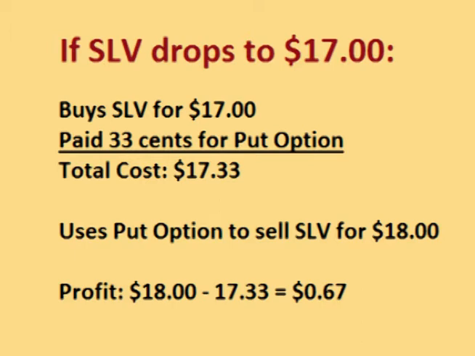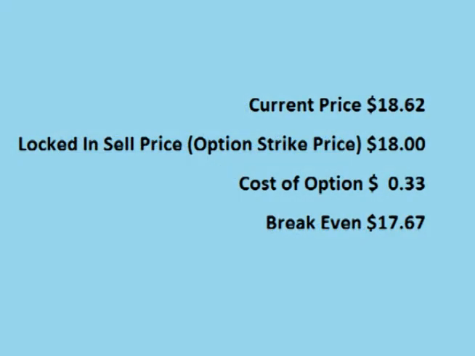So his total cost was $17.33 per share. But he had locked in the right to sell SLV for $18 per share. He sells SLV for $18 and he paid a total of $17.33 per share, so he makes 67 cents a share minus brokerage commissions.